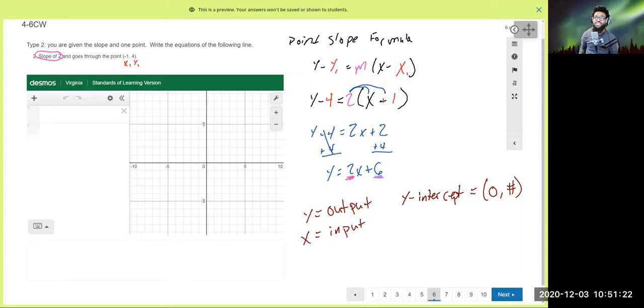Our y, just straight y, is an output, whereas our y1 is one of the values that we have. And then we have a y-intercept, which is where the graph is going to cross the y-axis. So if we were to graph this, it would cross the y-axis at 6. So for this equation, we end up with (0, 6) as our y-intercept, okay? Hopefully that helps you as we go through this.